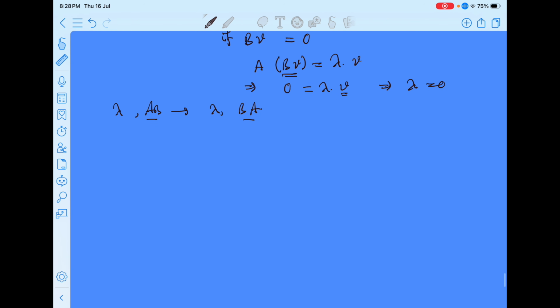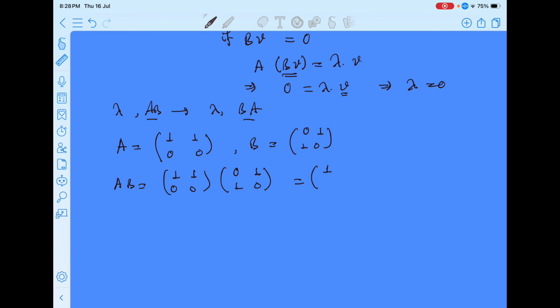So now let us do the next part, the eigenvector part. This is not true in general. So let's say A equals [[1,1],[0,0]] and B equals [[0,1],[1,0]]. Then let us compute AB. AB is [[1,1],[0,0]] times [[0,1],[1,0]], which is equal to [[1,1],[0,0]].